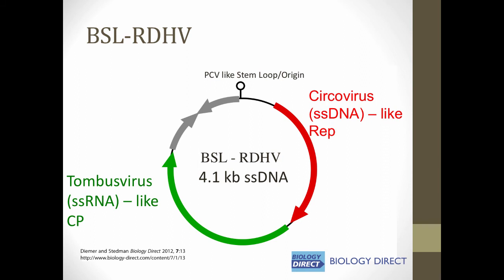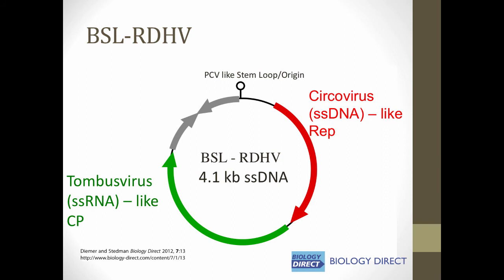So a capsid protein homologous to single-stranded RNA viruses, but one of the other open reading frames in this virus is a rep protein that is homologous to those rep proteins found in circoviruses, which we know are single-stranded DNA viruses.